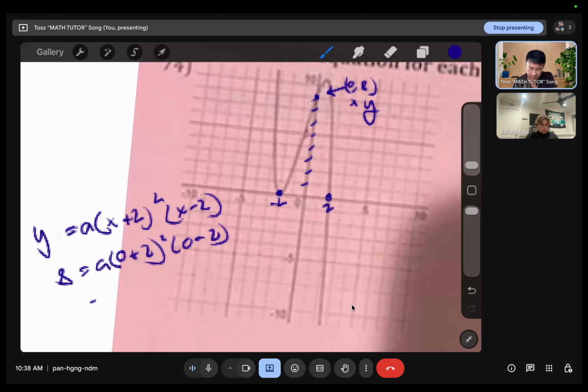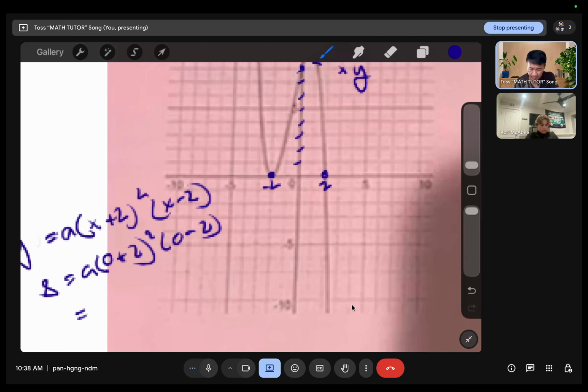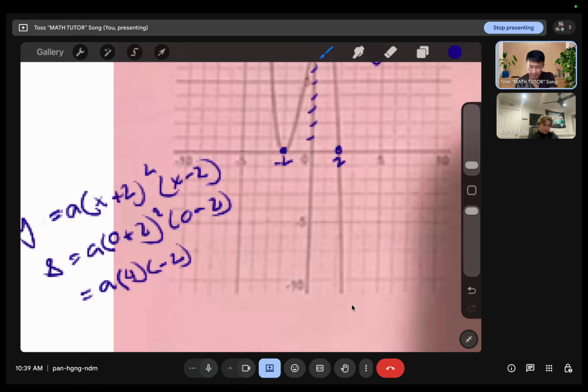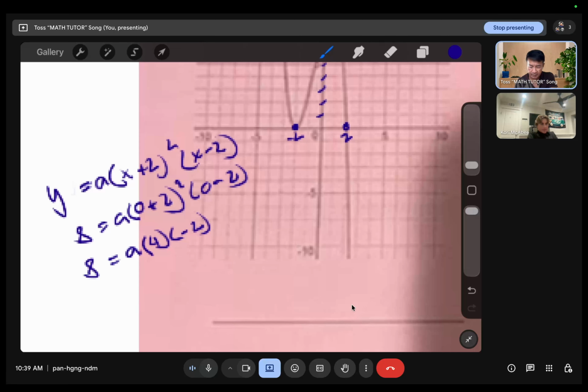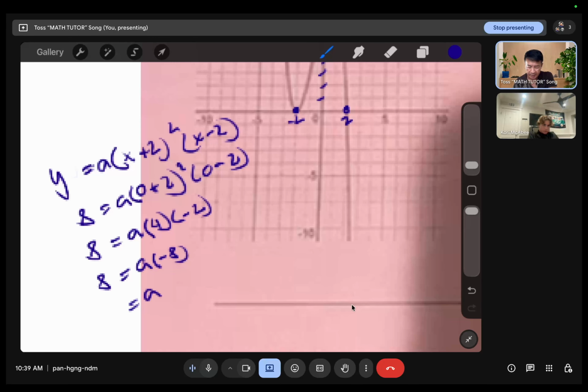And then just clean up and solve for a. So a times 0 plus 2 squared, that's going to be times 4 times negative 2. And then 8 stays 8 on this side. Then you're left with a times negative 8. And then divide both sides by negative 8. So a is negative 1.